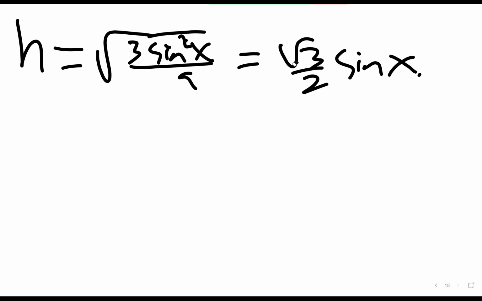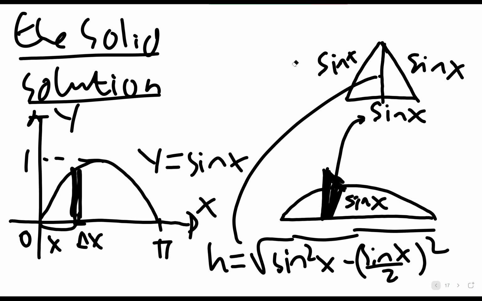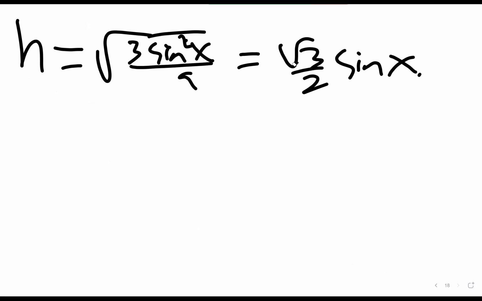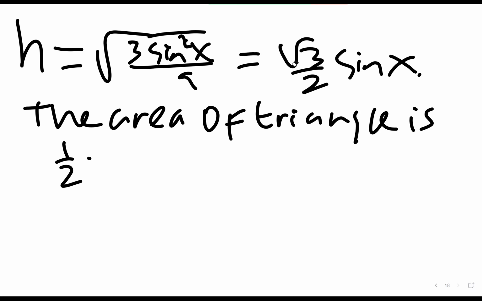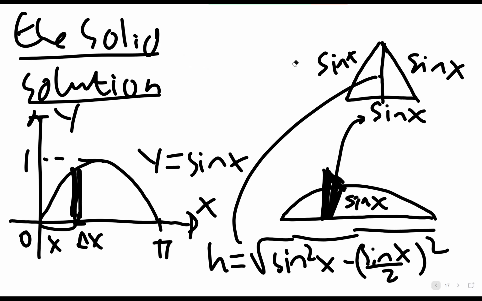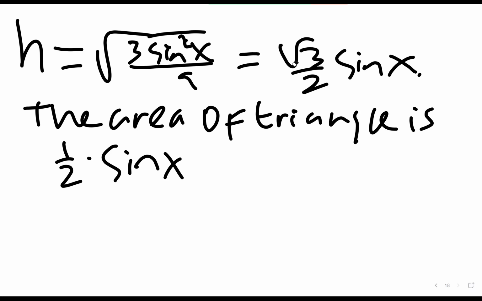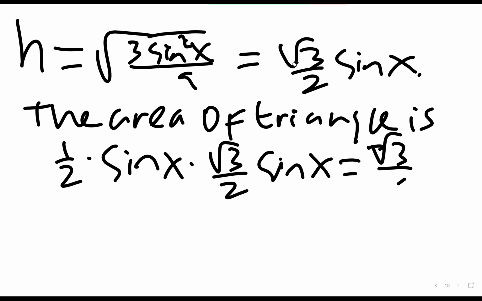And the formula for the area of the triangle is half multiplied by the base, sine x, multiplied by its height, square root of 3 over 2 sine x. So that will be square root of 3 over 4 sine x squared.